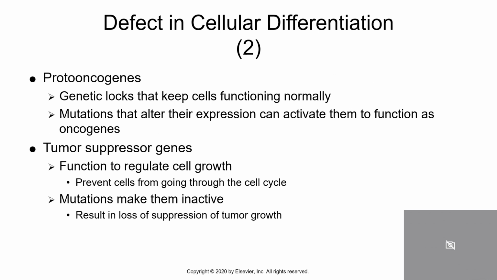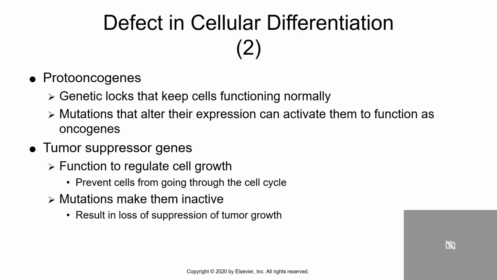Typically, again, with that proto-oncogene, they have a built-in genetic lock that helps them to function normally. But when that gets mutated, instead of being a proto-oncogene, they turn into something called an oncogene. That lock that existed becomes unlocked, whether it's through exposure to a carcinogen or some type of virus.